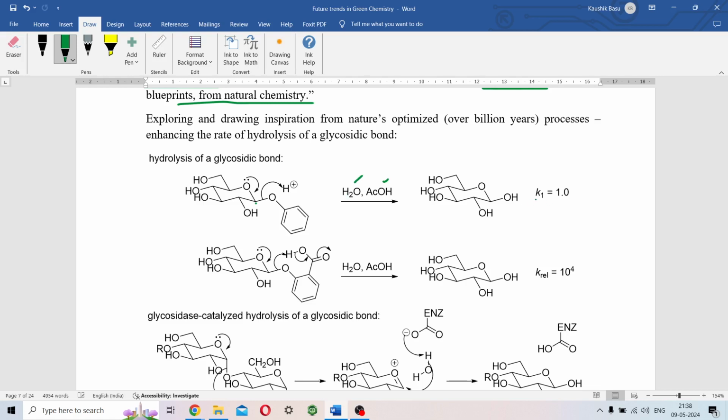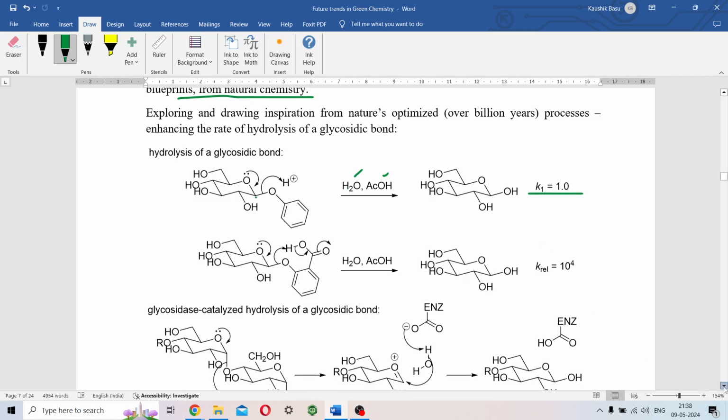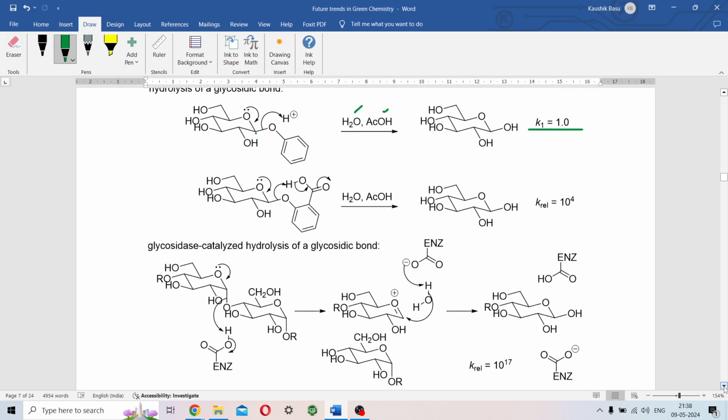So the relative rate is only roundabout, say the rate is 1. But if you look at the enzymatic hydrolysis of a glycosidic bond, where the enzyme itself very appropriately is called glycosidase.